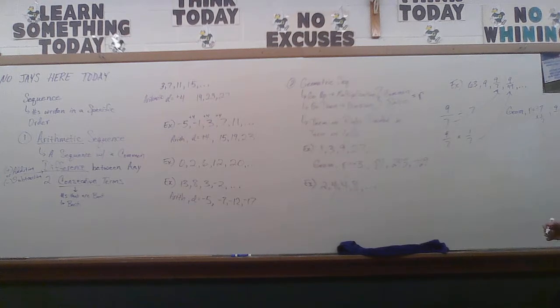9 over, what's 49 times 7? No, 343. That's only the first one. Now we got 2 more though. 343 times 7. 2401.